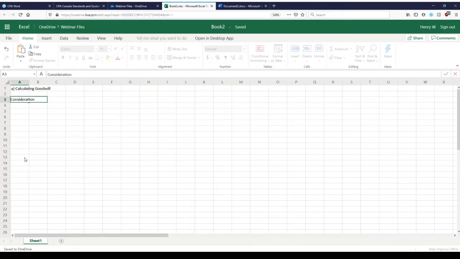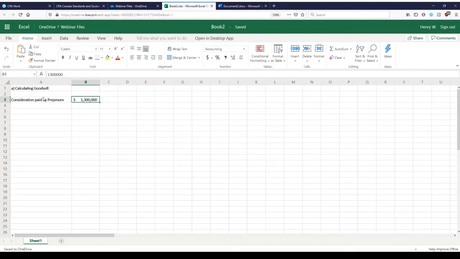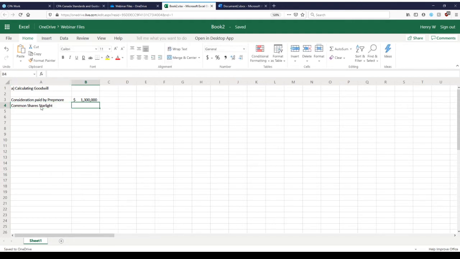The consideration paid by Prepmore is 1.3 million. Then the common shares of Starlight, straight from the balance sheet that you see here.